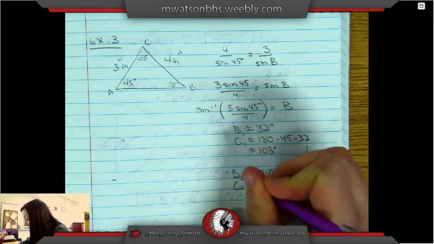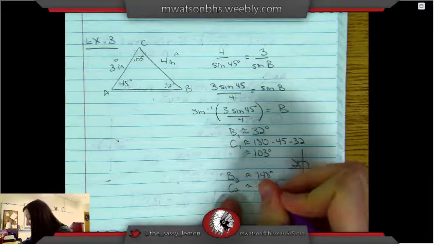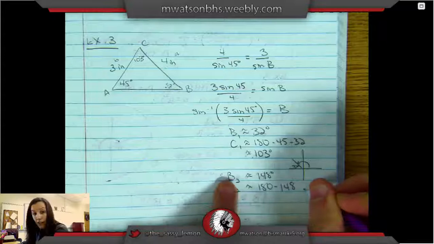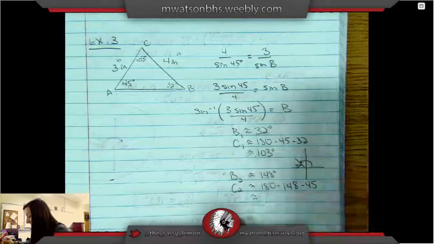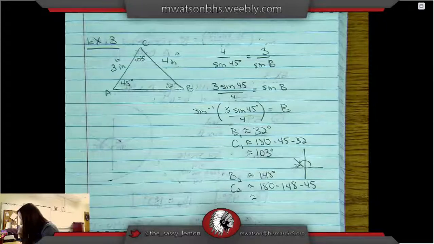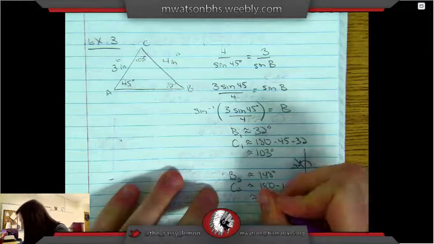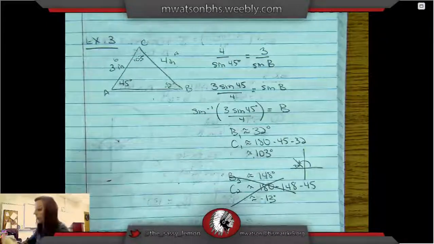And I can already tell that this isn't going to work out because C sub 2 is 180 minus 148 minus our known angle of 45, and that's going to become a negative number. Exactly how negative, I'm not sure, like negative 18 or something. Negative 13. So that doesn't work out. So we only have one triangle, thank goodness.